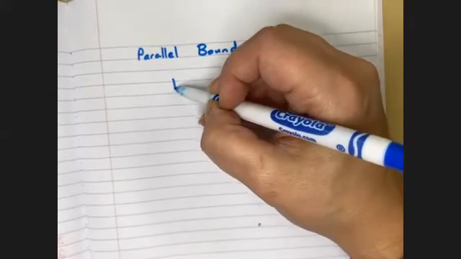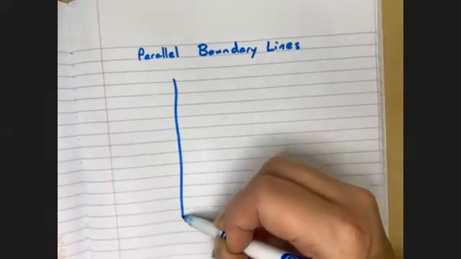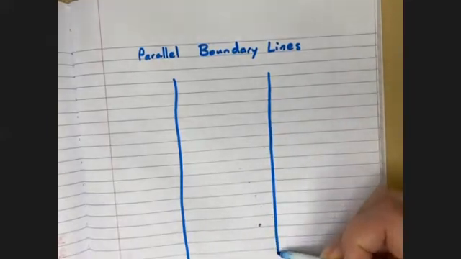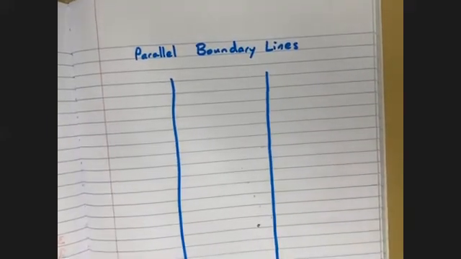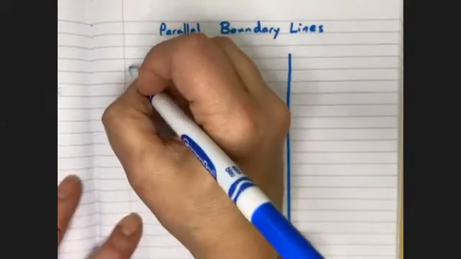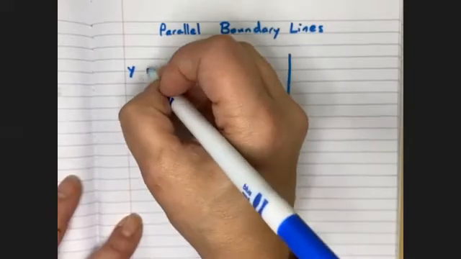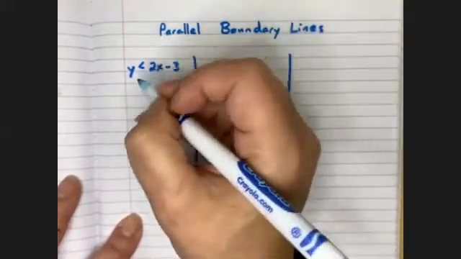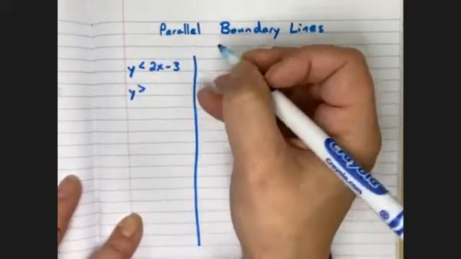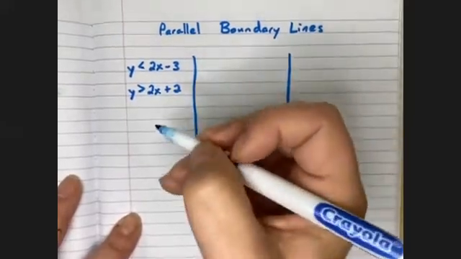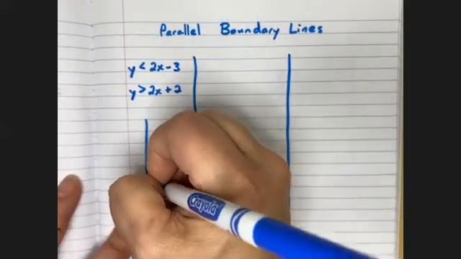So I'm going to split all of this into thirds-ish, and I'm going to do 3 different examples. So if I have this, y is less than 2x minus 3, and y is greater than 2x plus 2. So I'm going to graph these.